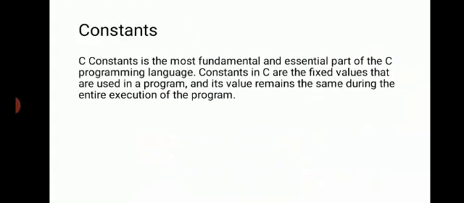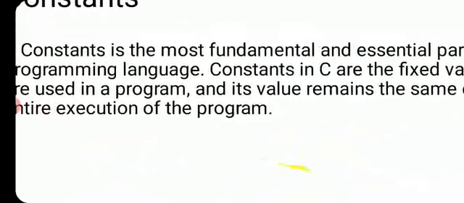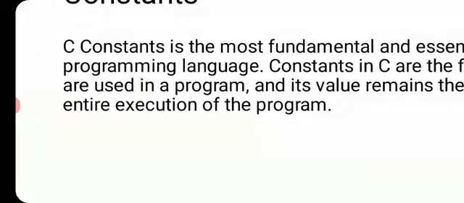And next we have constants. As it has been mentioned, and we have already studied the various constants, these are the most fundamental and essential part of the C programming language. A constant is basically a fixed value used in the program, and the value remains the same during the execution of the whole program. The constants are also called literals.